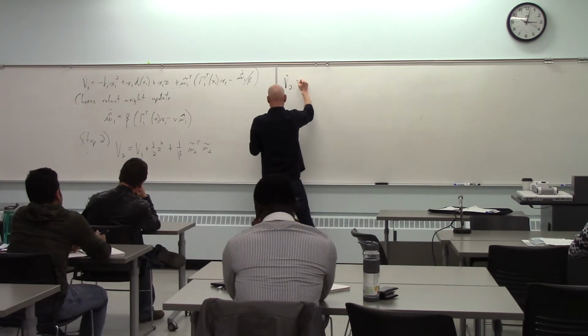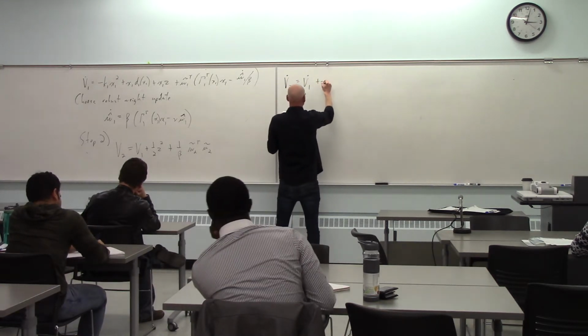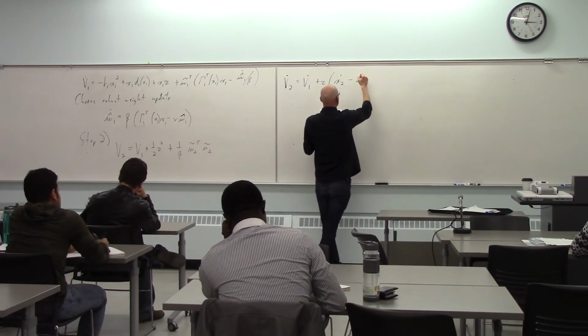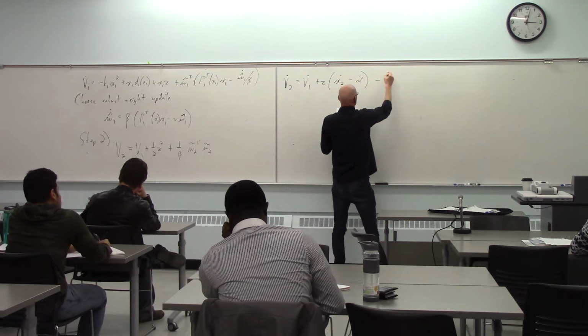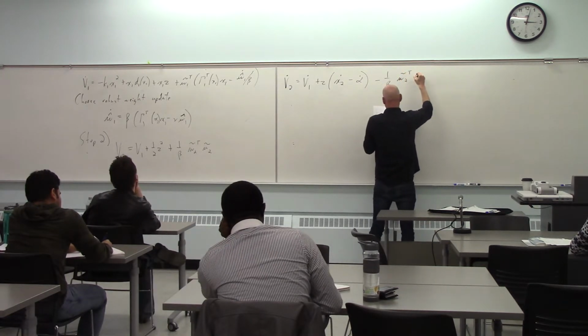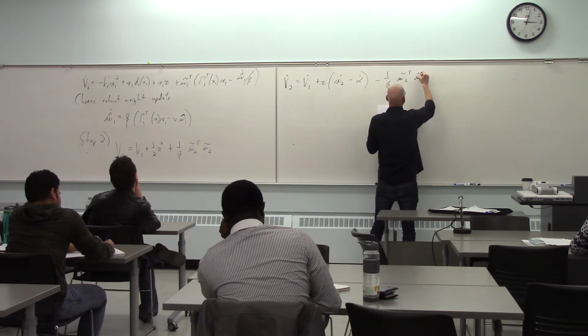V2 dot is equal to V1 dot plus Z times (x2 dot minus alpha-1 dot) minus 1 over beta W2 tilde transpose W2 hat dot.